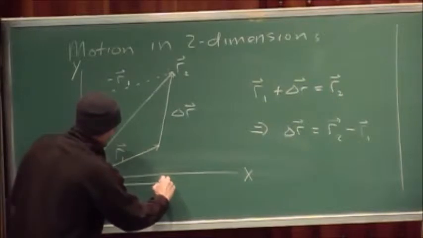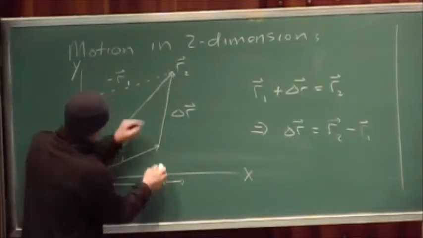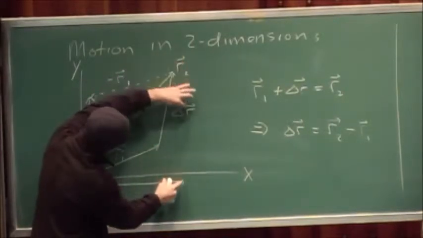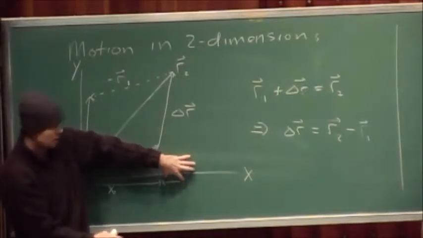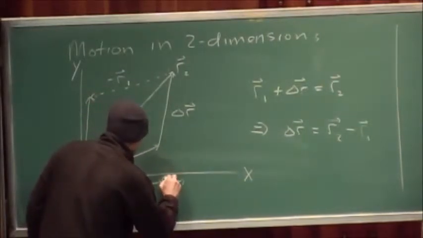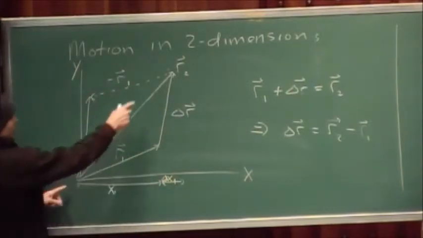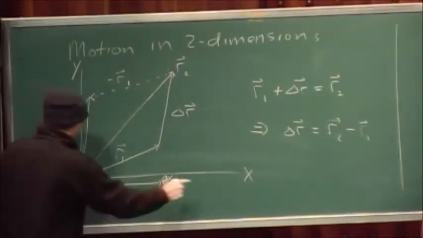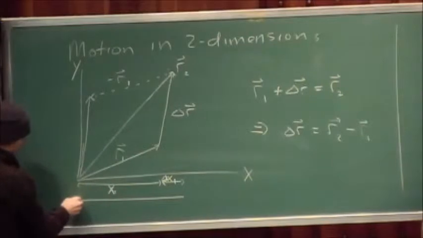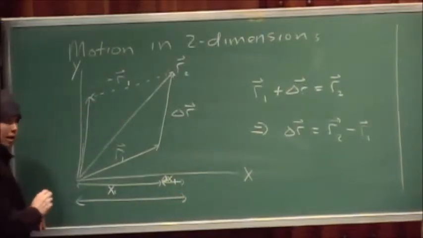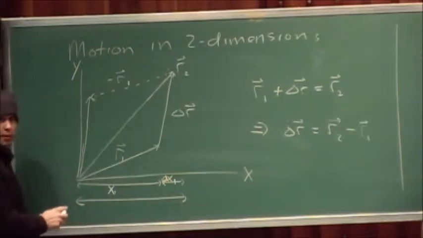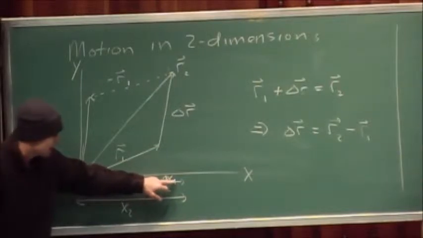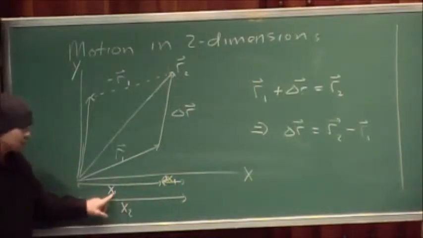It's the component of delta R along the x-axis, and that's this. We're going to call that delta x1. And then you can see that R2, if I were to take the component of R2 along the x-axis, is simply the sum of x1 plus delta x1. And so if I want to find what delta x1 is, I simply take x2 and subtract x1 from it.